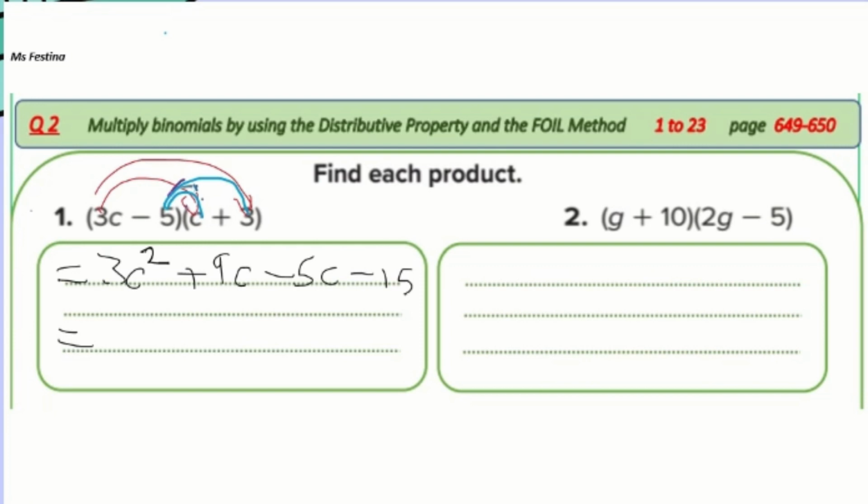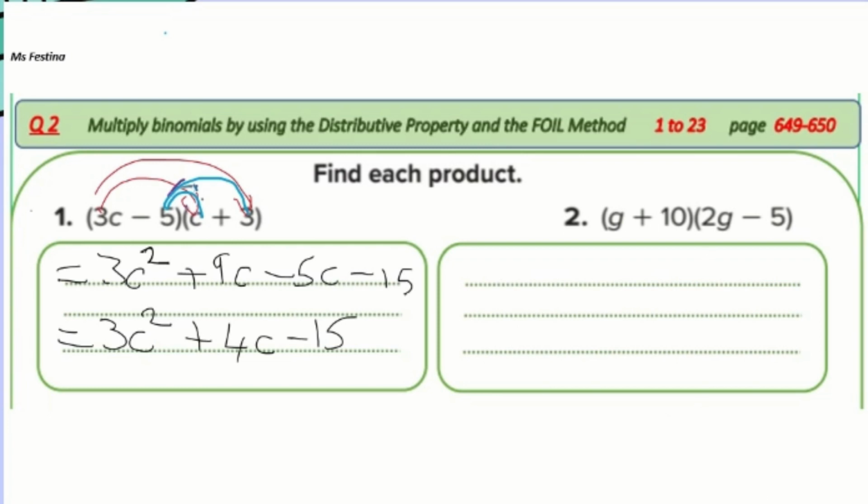So 3c squared matches with nothing else here, so I will write it as it is, 3c squared, c to the power 2. And then we have like terms there, we have c and c, so 9c minus 5c will give me positive 4c minus 15, because that's the only constant we have.